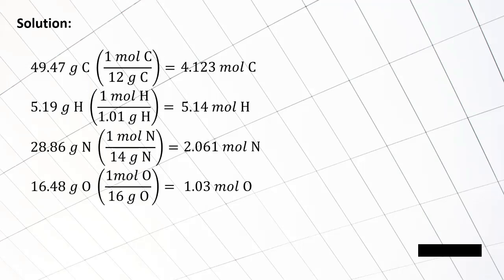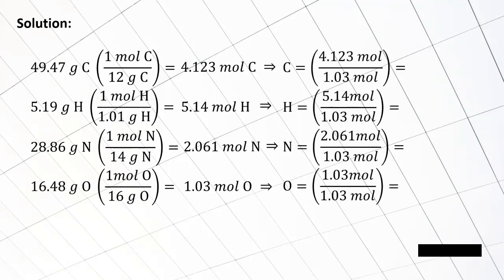After these, we will divide each value we have solved by the least value. In our case, our least value is 1.03 moles from our oxygen. So dividing every value by 1.03 moles, we will get this. As you can see, we're just going to divide each value by 1.03. So for our carbon, 4.123 moles divided by 1.03 moles, we will get 4.001.